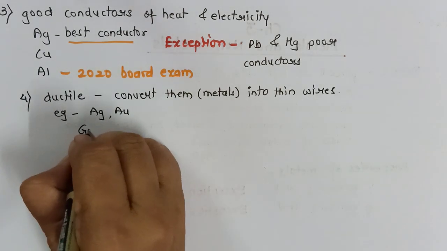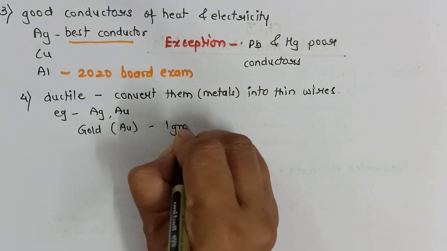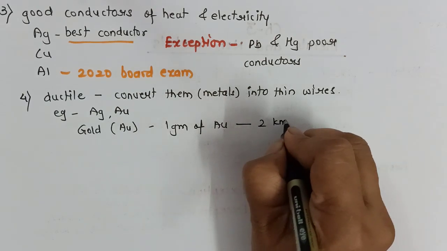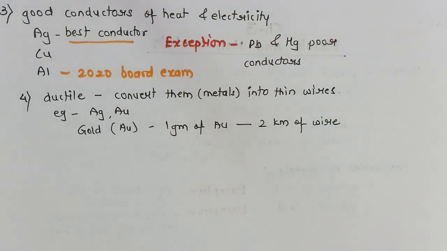Like gold, its symbol is Au. One gram of gold can be converted into a wire of 2 kilometers. It is so ductile, and therefore silver and gold were used in hand embroidery. All antique clothing had embroideries of silver and gold because they required very fine wiring for embroidery.